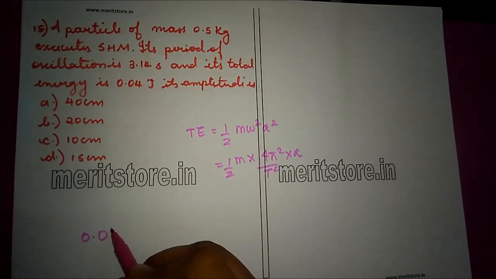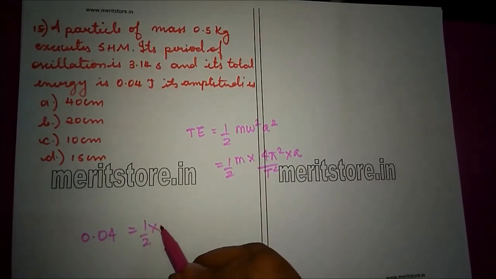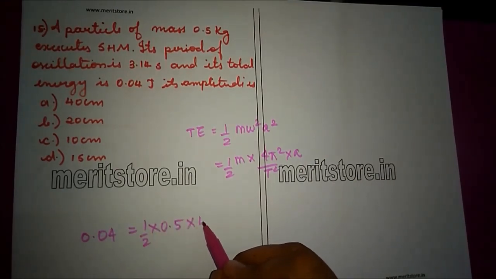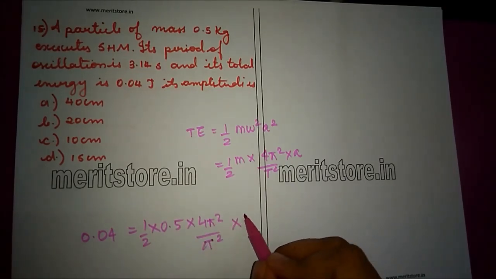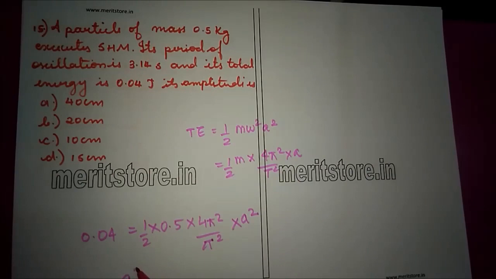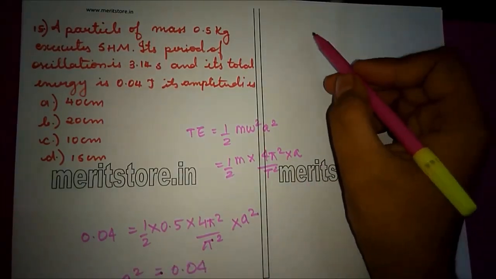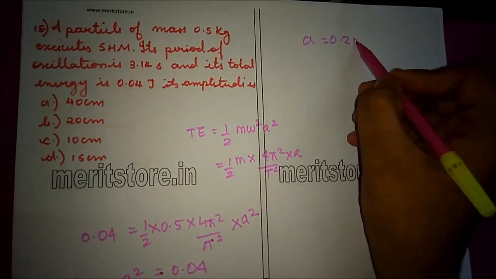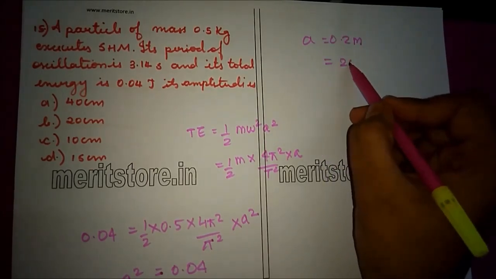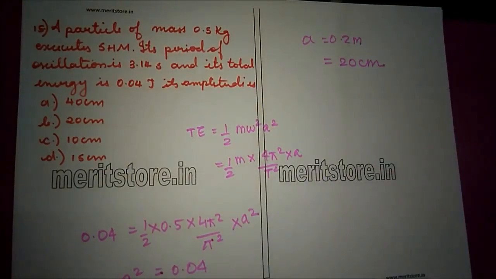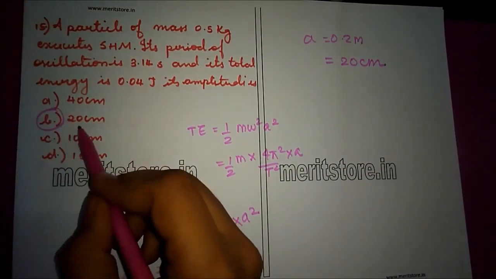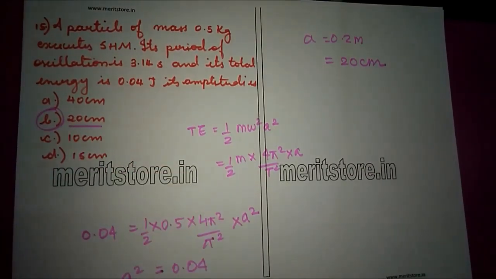So 0.04 is equal to 1 by 2 into 0.5 into 4 pi square upon pi square into a square. So value for a square is equal to 0.04. a is equal to 0.2 meter, which is equal to 20 centimeter. So option B, 20 centimeter is the correct answer.